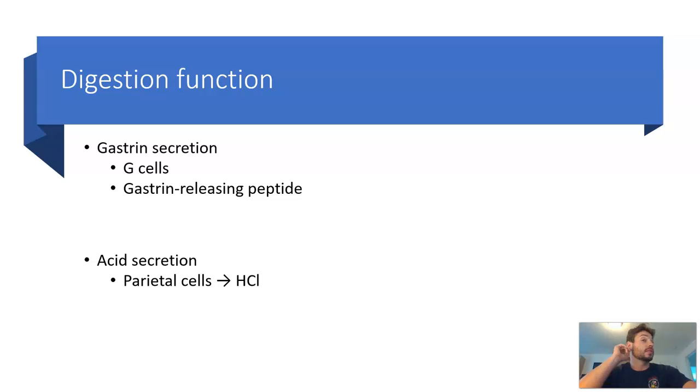Next we have acid secretion, which leads pretty nicely. We see here that parietal cells secrete hydrochloric acid, also known as gastric acid. Acid causes release and activation of pepsin to digest protein. It also triggers D cells to secrete somatostatin.